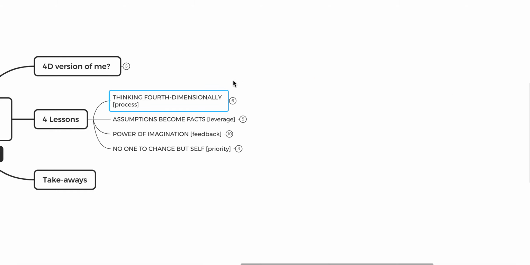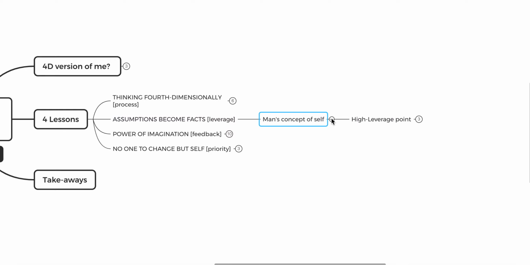However, we don't want to just merely have it. We want to get there faster. So let's find the leverage. And as Neville says, the leverage to get anything manifest is through your concept of yourself. And your concept of yourself is the high leverage point.